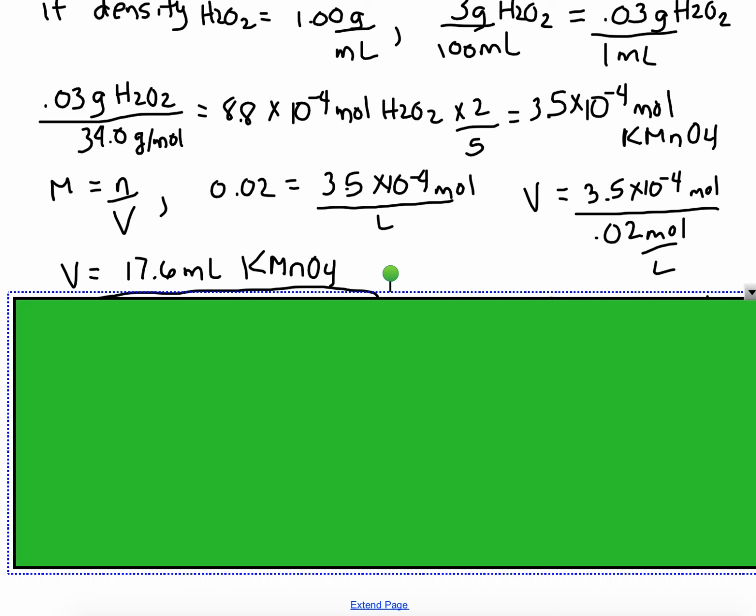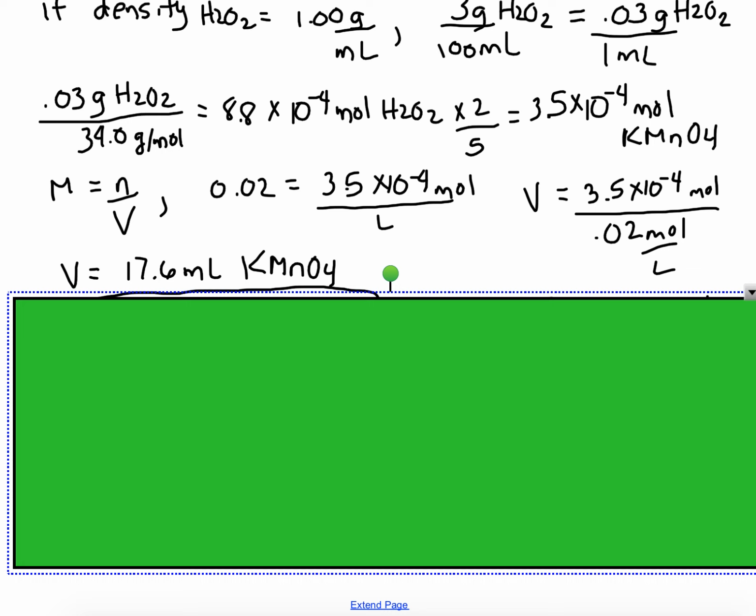If you decide to use 2 milliliters of hydrogen peroxide, then you would double that and you would get a value around 35. Sticking with the 1 milliliter, you're using less volume, and I would suggest that you're going to use a pipette. You'll use a volumetric pipette. So using 1 milliliter is fine.